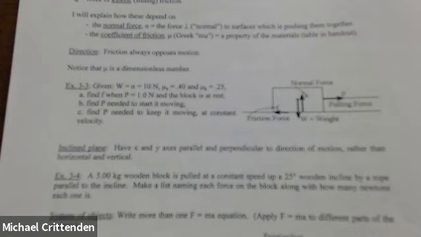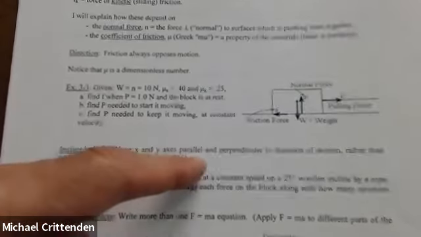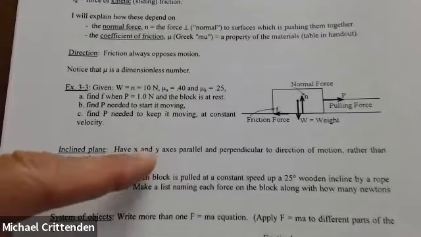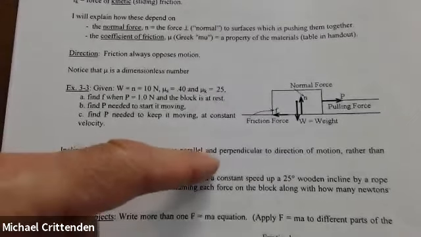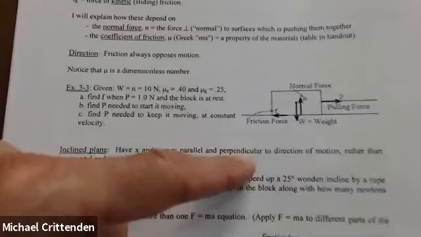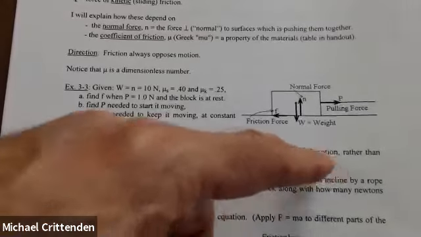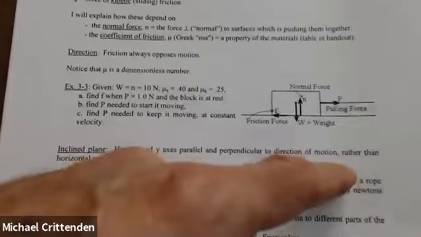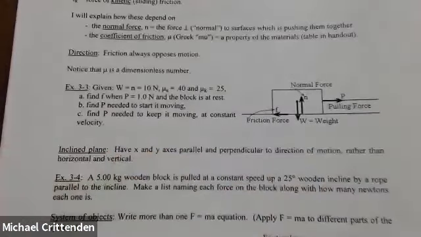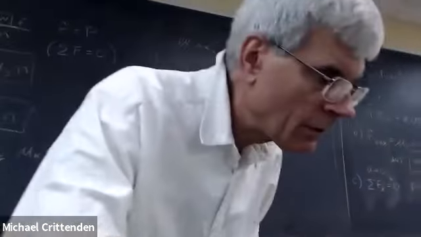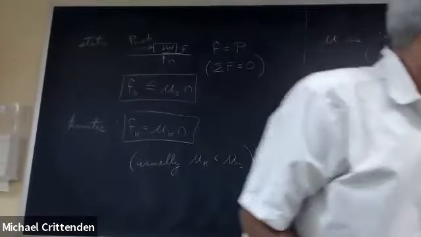Your first impulse might be to say x and y mean horizontal and vertical. But on an incline, 99 times out of 100 anyhow, it's going to work out a lot better if you do the components parallel and perpendicular to the direction of motion, along and across the direction of motion, rather than horizontal and vertical.